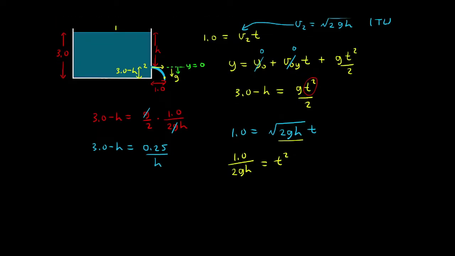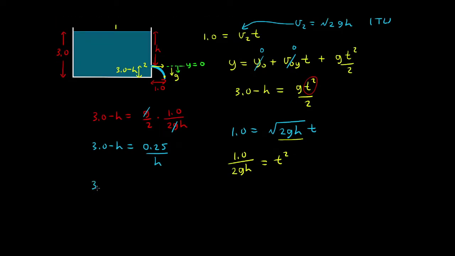And if we multiply through by h, well, what we get is 3h minus h squared is equal to 0.25. And rearranging this equation, so we get h squared on the right hand side minus 3h on the right hand side plus 0.25, and that'll be equal to 0.